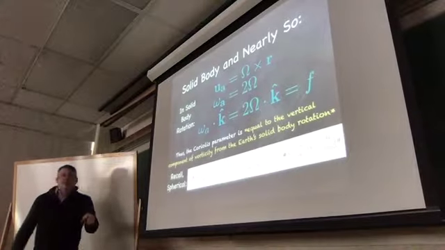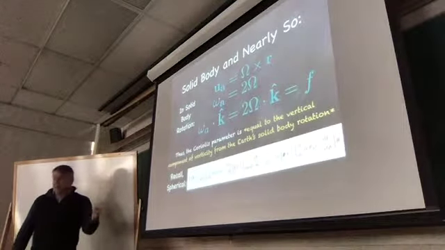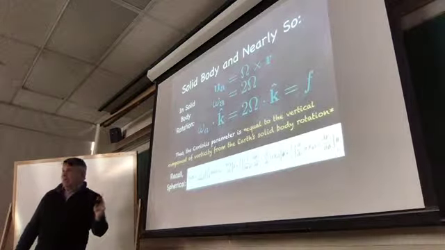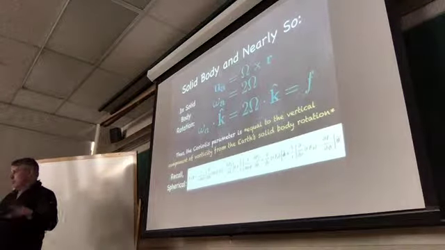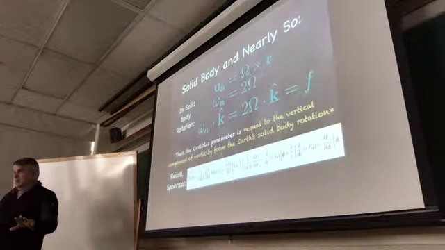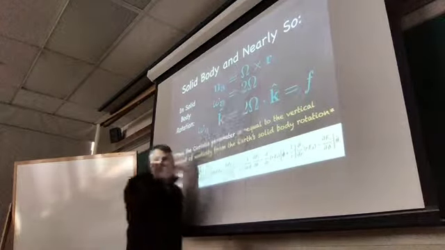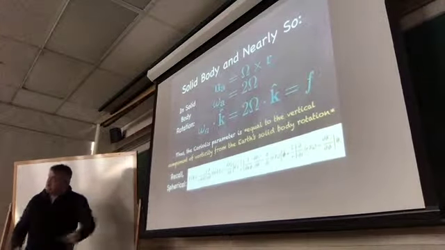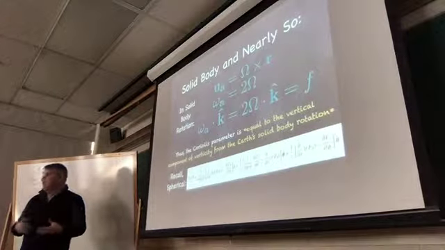So, if you're into coincidences, you might think that this was a thing. This is not a coincidence. The reason why F is the thing we care about is because F is the measure of the vertical vorticity having to do with the rotation of the planet. The reason why 2 omega is the 2 that's drifting around is largely to do with the fact that the vorticity associated with the rotation of the planet has a 2 in it.